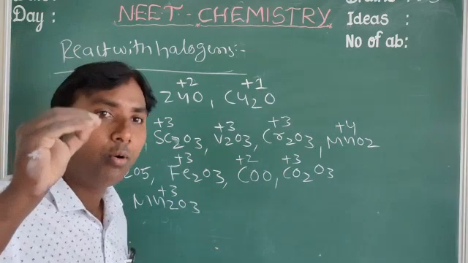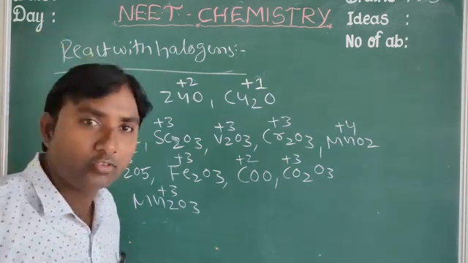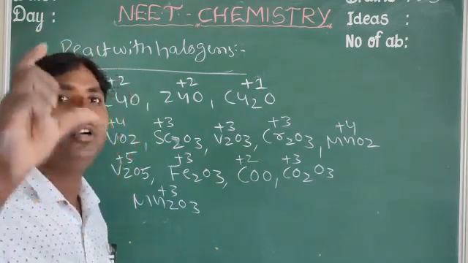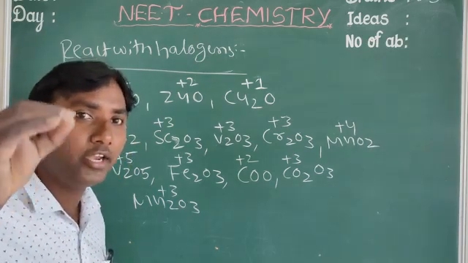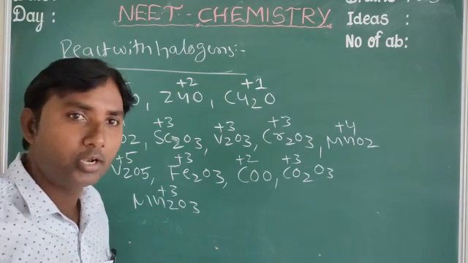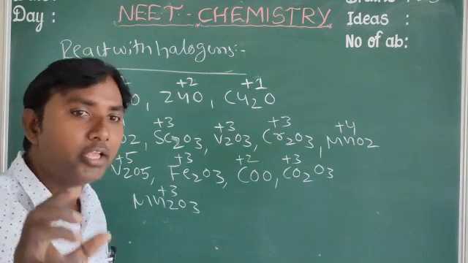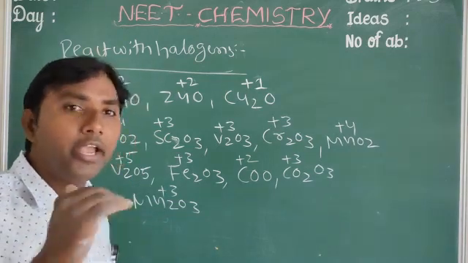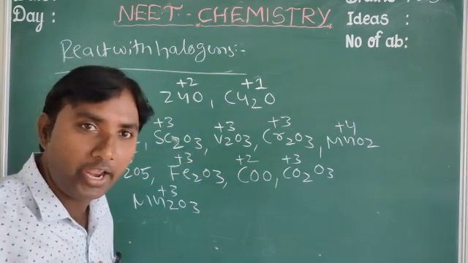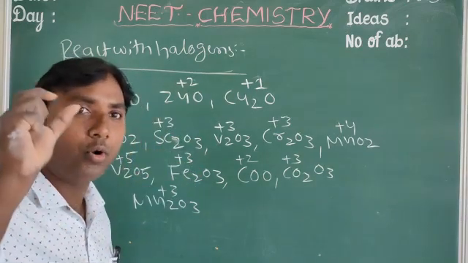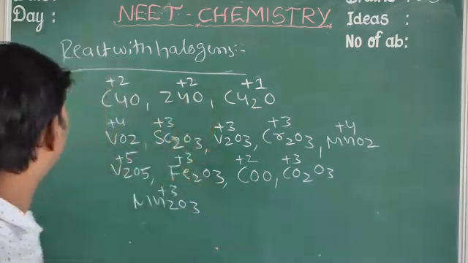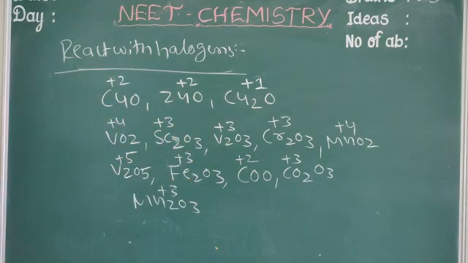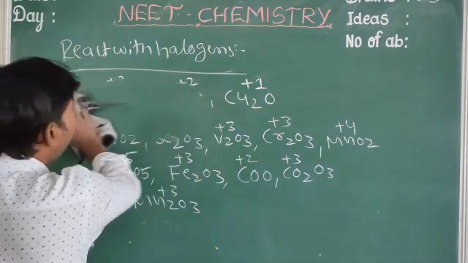But fluorine is stable only in higher oxidation states with transition elements, and unstable in lower oxidation states. Oxygen forms stable compounds with transition elements in all oxidation states. Okay, then there is another important one.